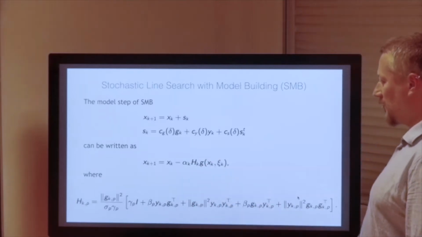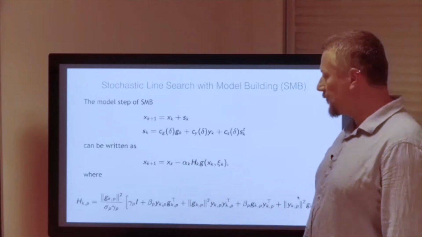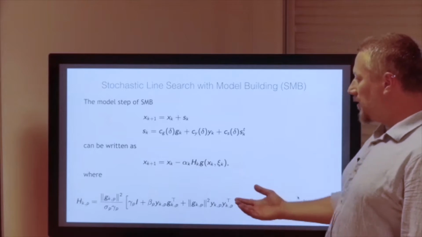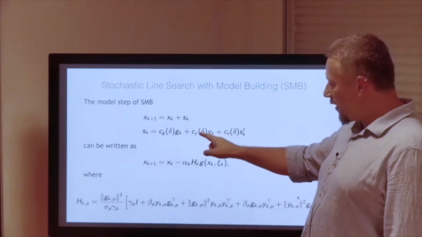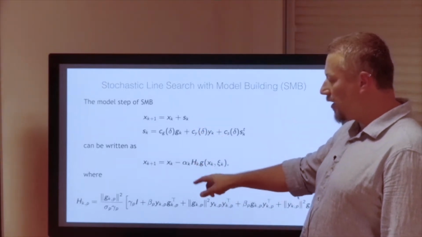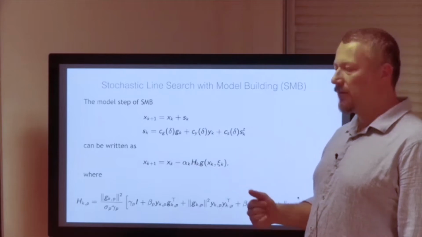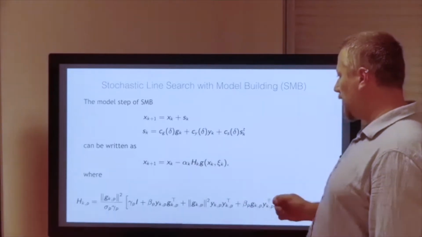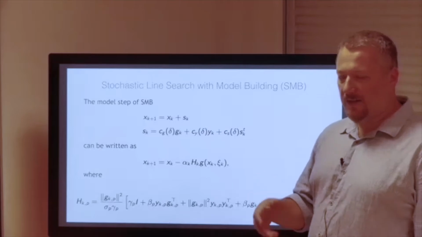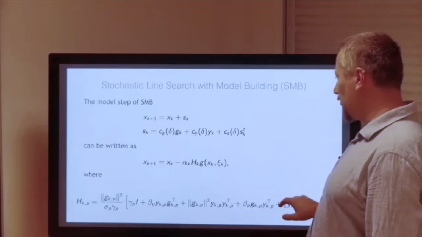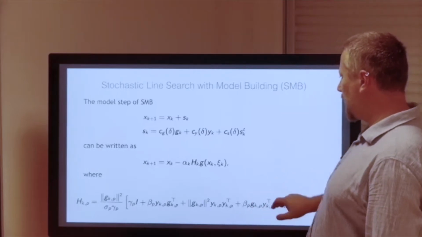I'm just going to skip what the constants are. So you can write this step as this step where H_k is a positive semi-definite matrix, and it has some other properties that we will use to show convergence.